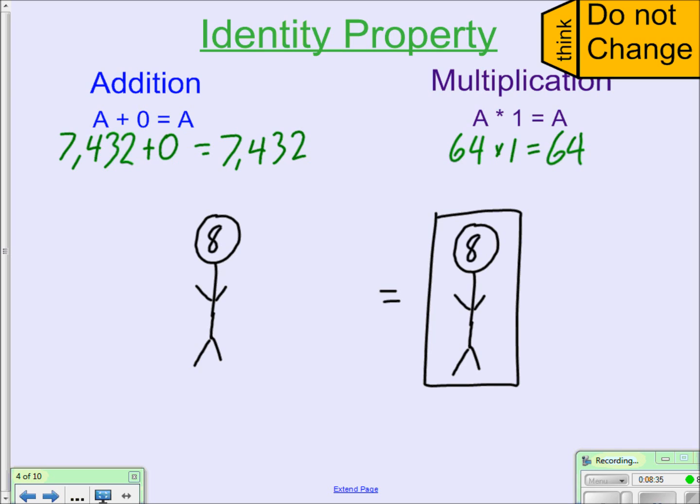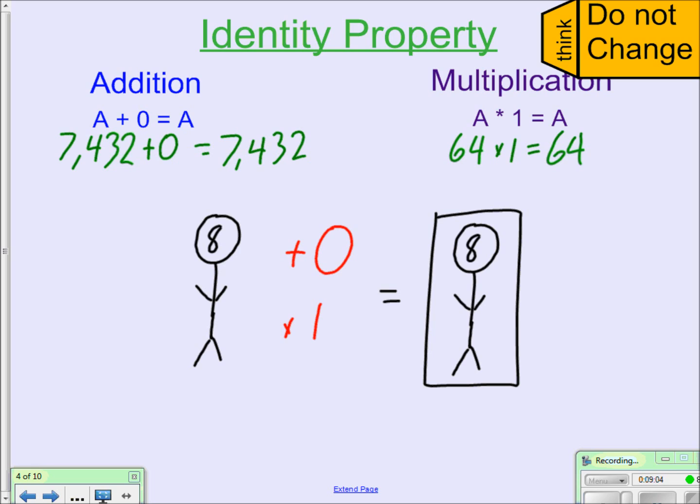So if we have 8, right? Bonus 8, and we add 0 to her, she stays the same. If I add a hat to her, she'd look different. If I add $1 million to her, she'd then be all rich. No, I'm adding nothing to 8, and 8 stays the same. If I multiplied 8 by 1, and she looks in the mirror, she's still the same.